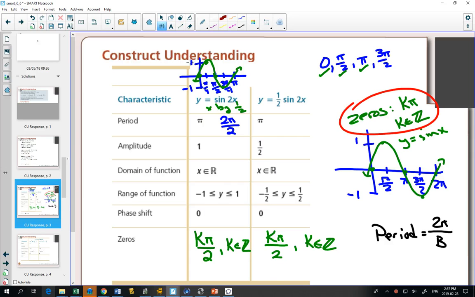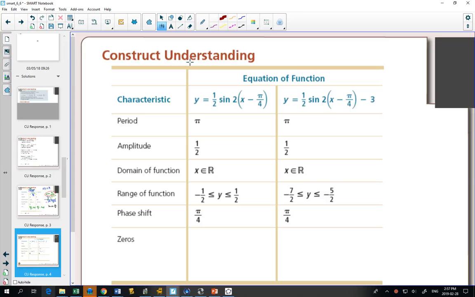Next thing we do is we add a phase shift. The period is still pi, because we still have a 2 here. Amplitude is still 1/2. Domain is still everything. The range is still from -1/2 to 1/2. But now we have a phase shift of pi over 4 to the right. So what is that going to do to our zeros?